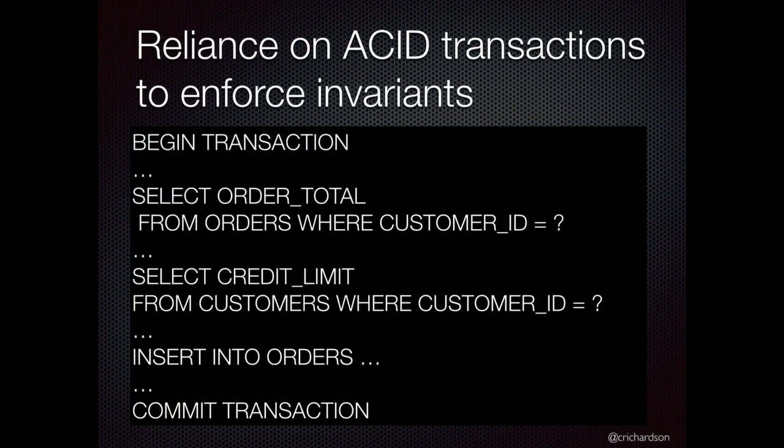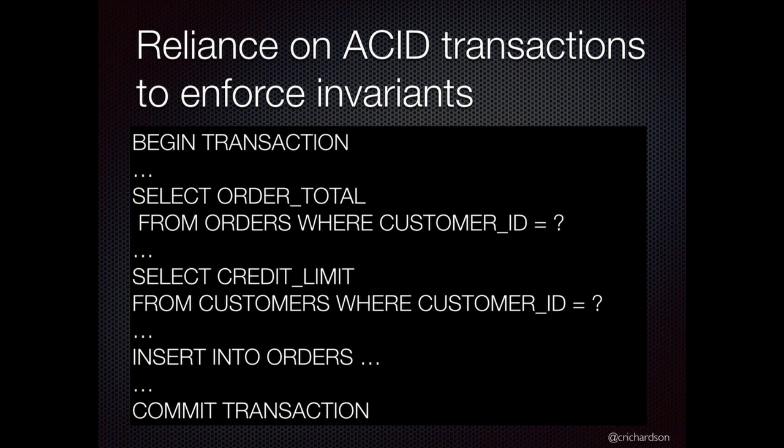Another challenge comes from the fact that the data is partitioned across multiple databases, or at least encapsulated within services, and one service cannot access another service's data. We rely on transactions to access arbitrary pieces of data in order to enforce business rules or invariants, in other words, to maintain data consistency.